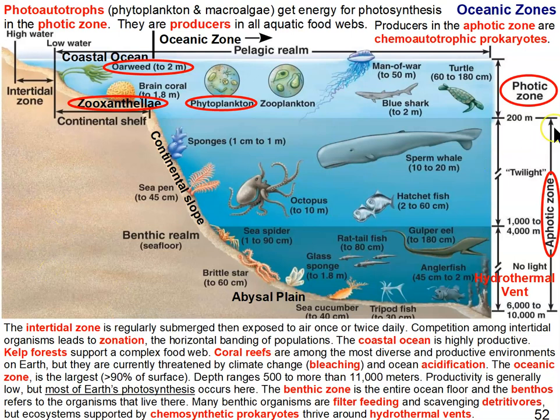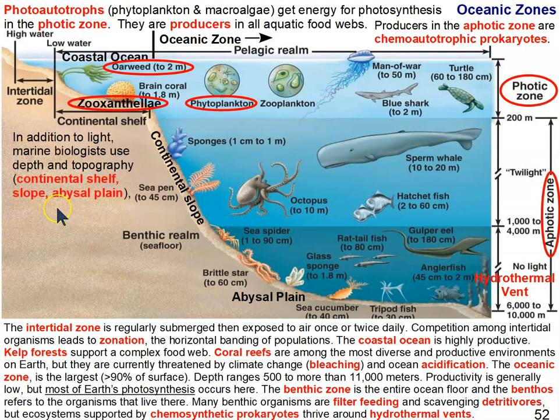Marine biologists and oceanographers use how far light penetrates to determine these zones, but they also use the depth and topography of the ocean floor. That's how we end up with the Continental Shelf, which fringes all the continents and can reach out as far as 200 miles from the continents.